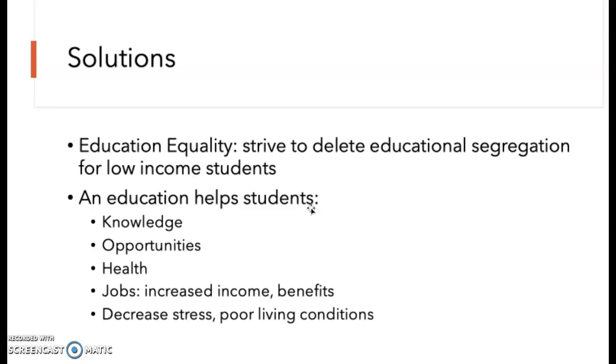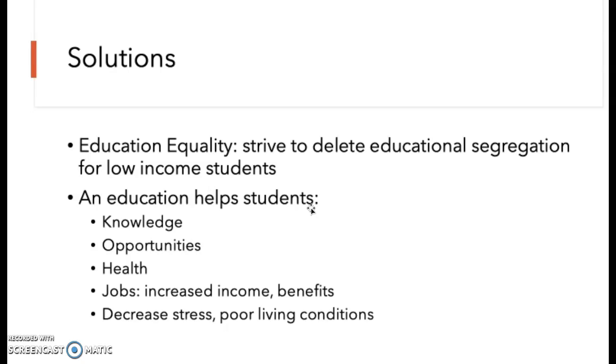So then, kind of just to sum it up, the solutions that we have is we really just want to strive for education equality. It will delete that educational segregation issue that we have, and it'll increase the students' ability to learn, to create opportunities, to have better health care.